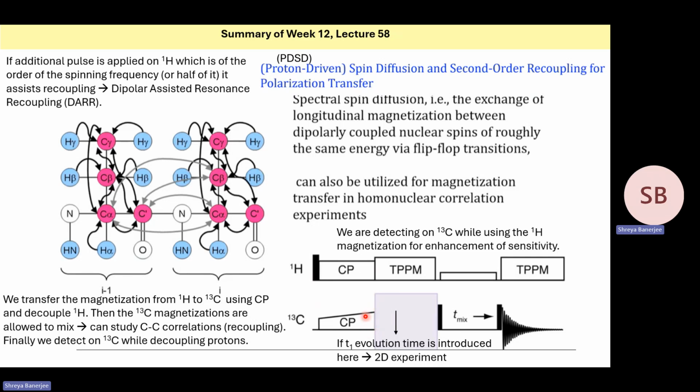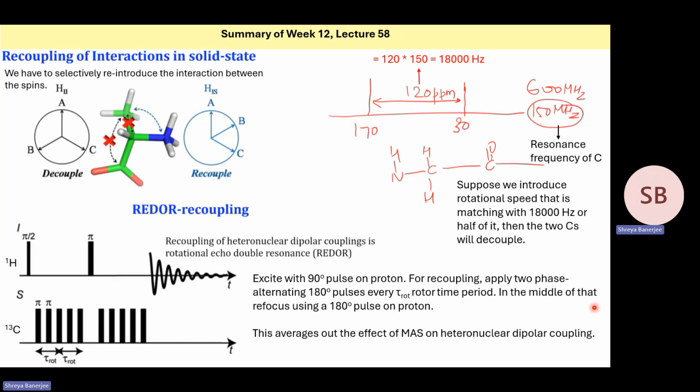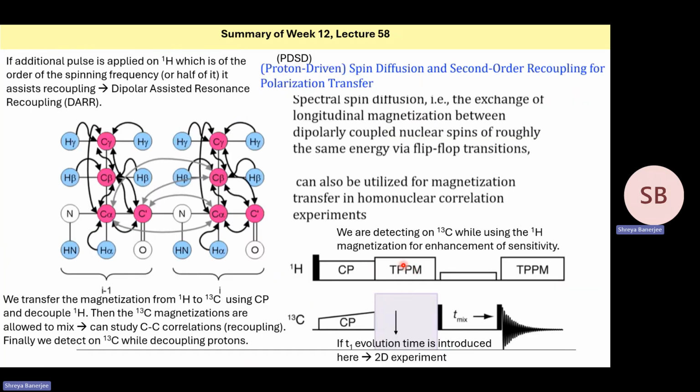And then you have a series of TPPM, two phase alternating 180-degree pulses, that recouples the heteronuclear dipolar coupling.